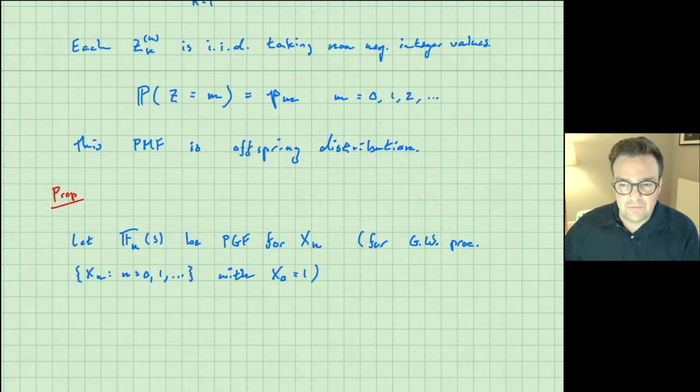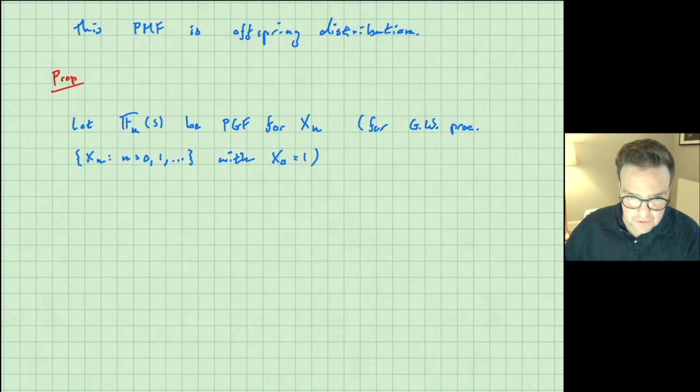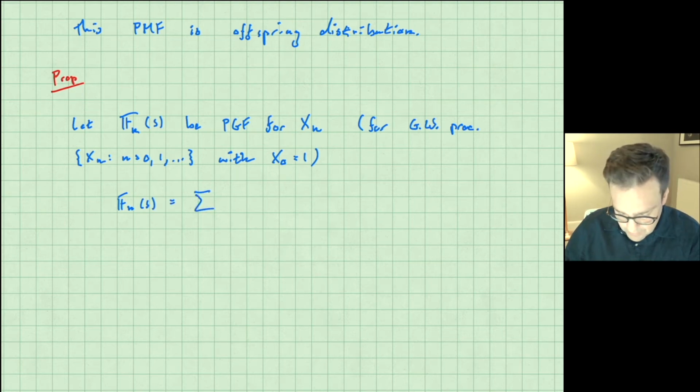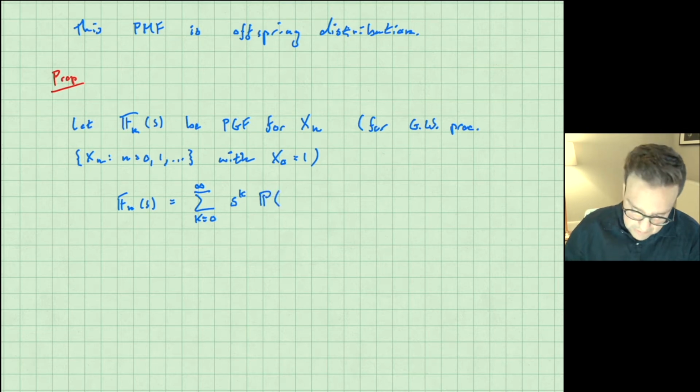So that's what these variables xn are, just like introduced before. And we'll suppose that this funny looking f sub n is its probability generating function. And so in other words, just as a short reminder, f sub n of s looks like this. So it's a sum over k starting from 0 up to infinity, or wherever it stops, s to the k times the probability that x sub n is equal to k.